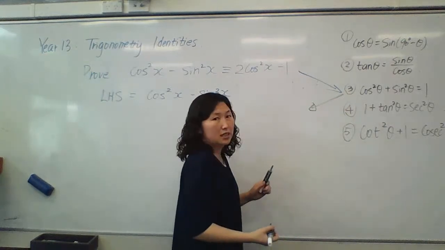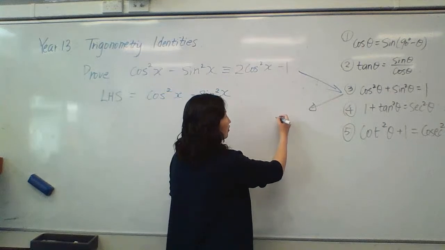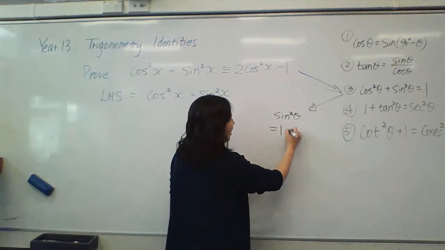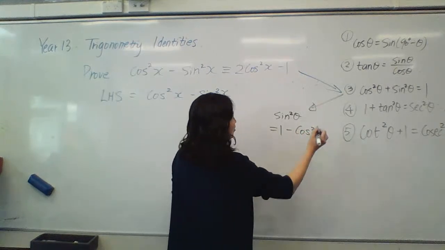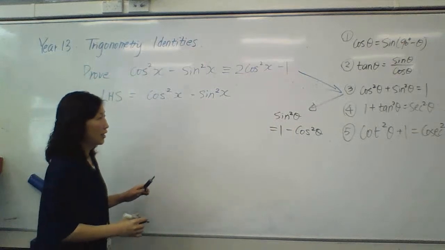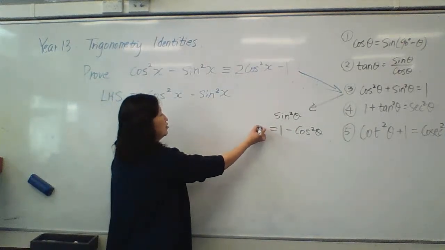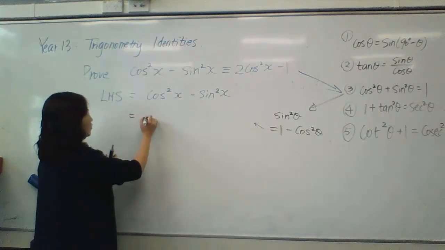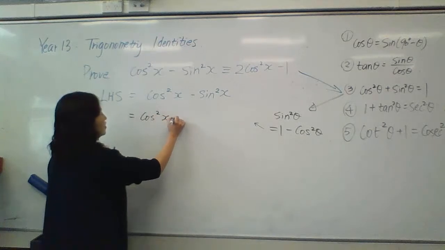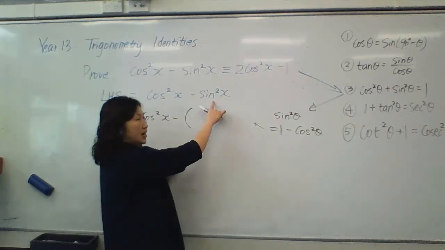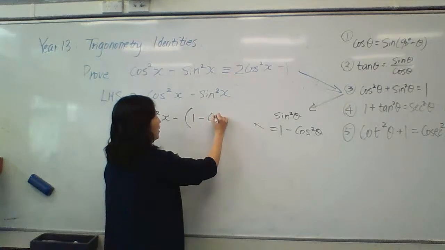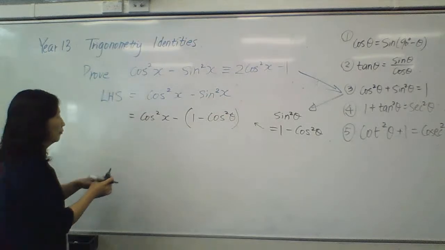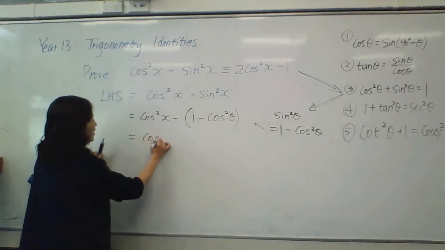So from this identity, I can make the conclusion that sine theta squared is equal to 1 take away cosine theta squared. Okay, so now I'm going to substitute this into my left-hand side expression. So there'll be cosine squared x take away bracket, sine squared, which is equivalent to 1 take away cosine theta squared. Okay, so now I can expand the bracket.